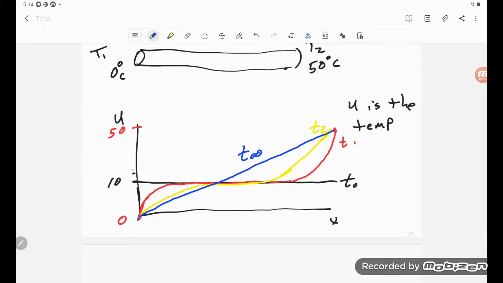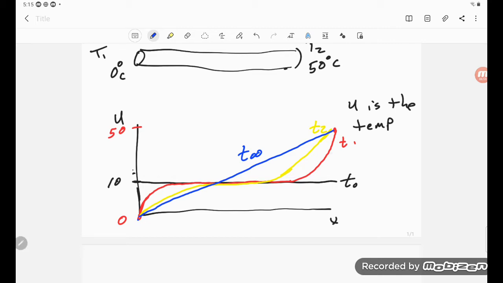And you would see that the temperatures at the left have all gotten cooler. The temperatures at the right have all gotten warmer. And at some point, they are 10 degrees somewhere in there because we're going between 0 and 50. And so, that's the kind of thing we're expecting to see.